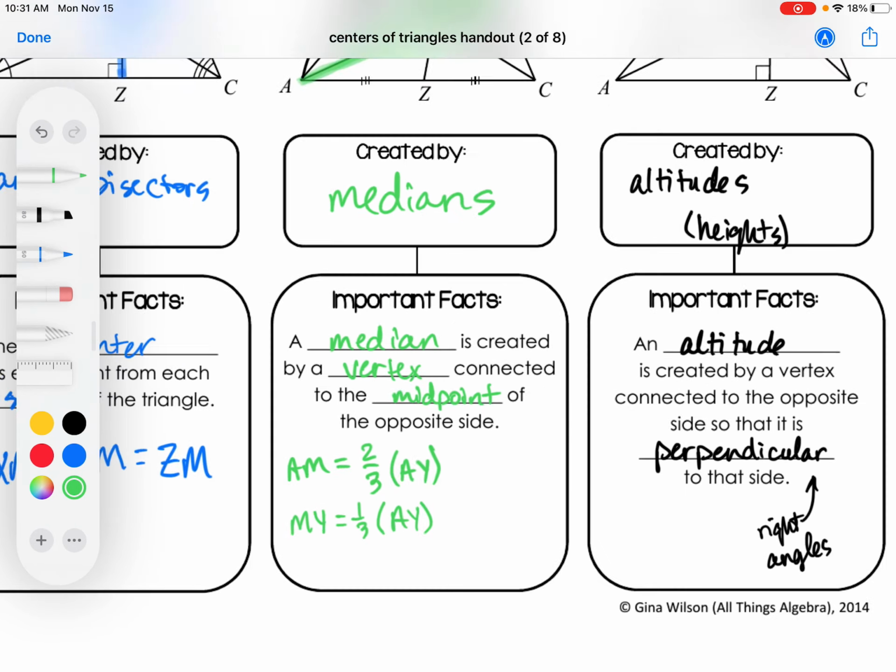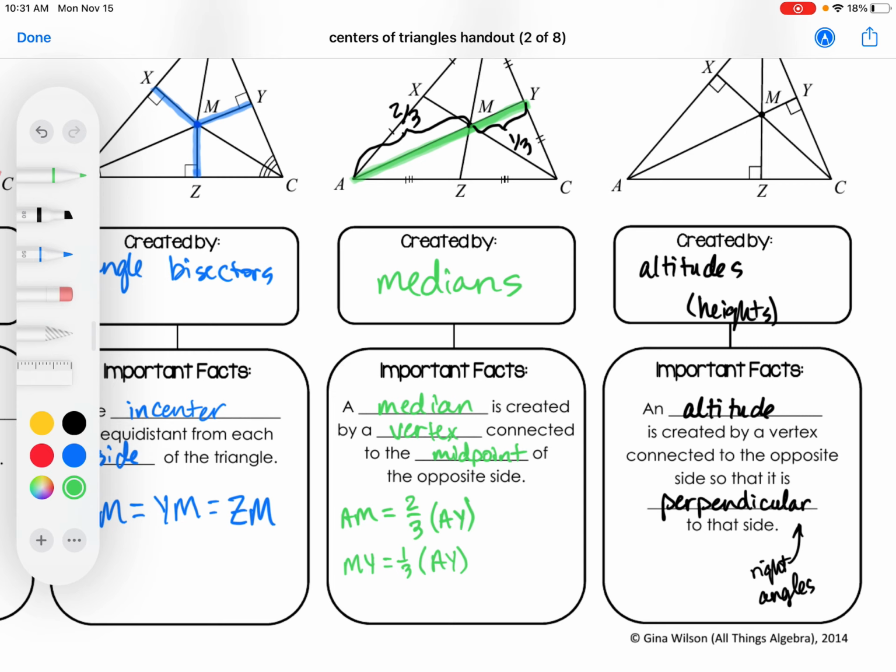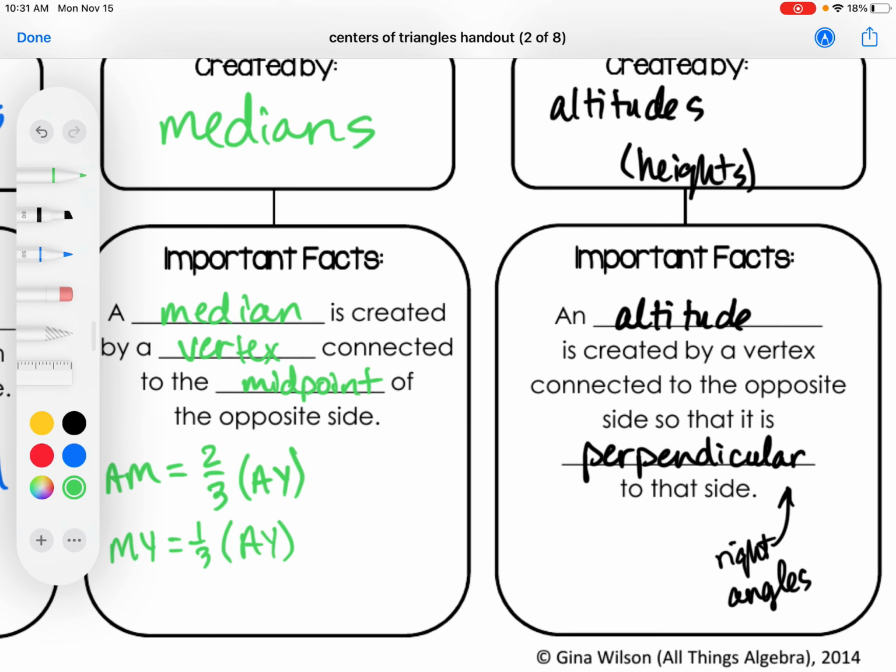If you're dealing with your two pieces, AM and MY, you can tell, because of these two equations that we already wrote down, you could also say that AM is twice as much as MY. And MY is half as much as AM.